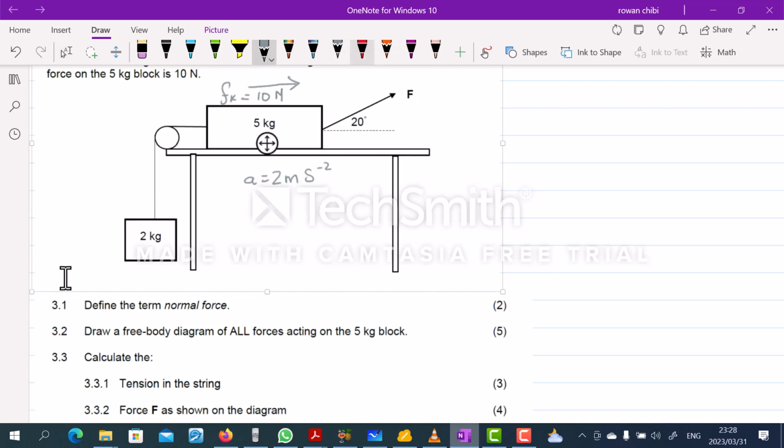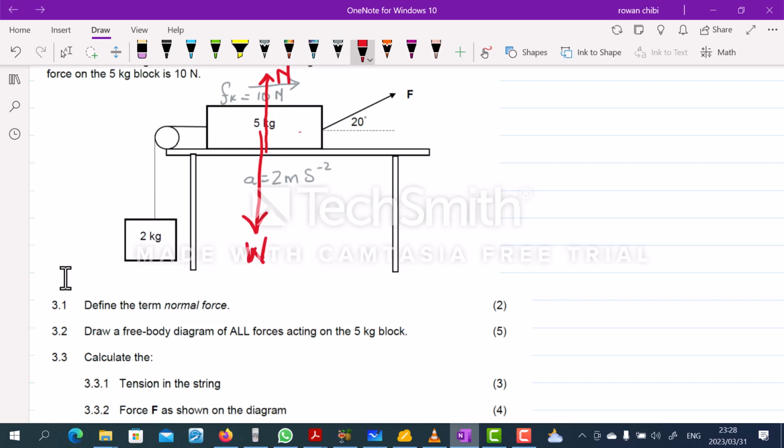Now the normal force: the table here is applying a force to that 5 kg block. We call that force the normal force, and the block itself is applying a force on the table. We call that one the weight.